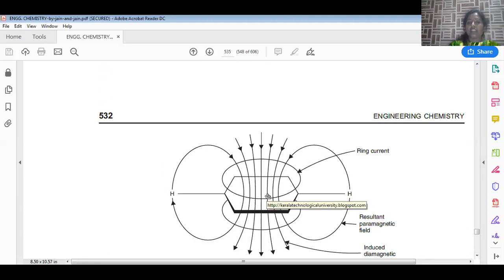Let us revise again. NMR stands for nuclear magnetic resonance spectroscopy. Because of the spinning nucleus, a new induced magnetic field is generated by irradiation of radio frequency. So the induced magnetic field gives the signal in NMR spectroscopy. That is mainly due to flipping a proton by the irradiation with radio energy.